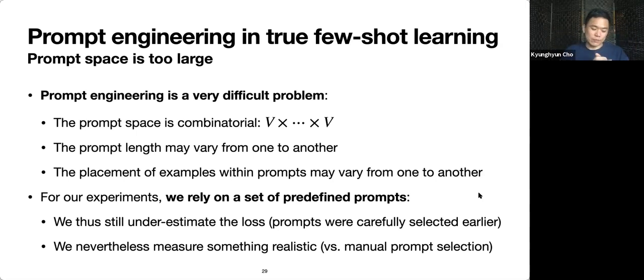Because all these predefined prompts from the earlier studies were somewhat carefully chosen by people who were looking at the development set as well as the test set accuracies. But nevertheless, it just makes sense: if our belief is that GPT-3 or these large-scale language models do understand natural language, then we would always start with some reasonable set of predefined prompts and then use whatever hyperparameter selector we decided to use to pick one out of this predefined set of prompts only.